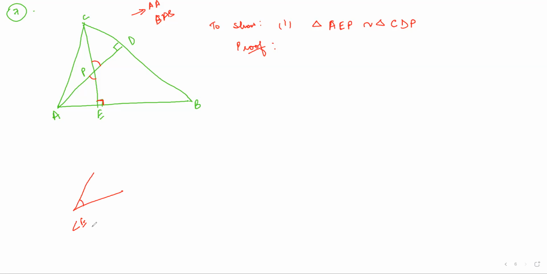But here you cannot write it E. CEB. Okay. This is 90. That's fine. But Martin, see which triangle you are using. You are using AEP. So you need the angle which is inside this triangle, not the outside triangle angle. Clear?